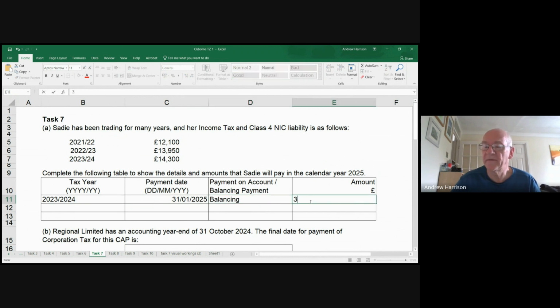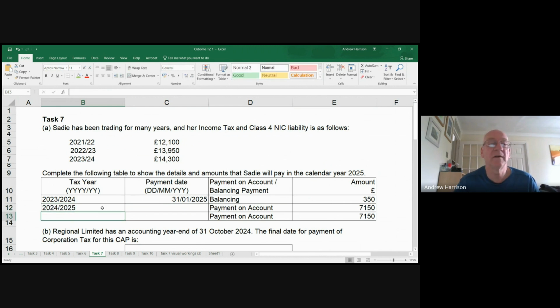And that was our 350. So the others were the 7150. 7150. These were the two payment on accounts that we just worked out. And they were for the current year.